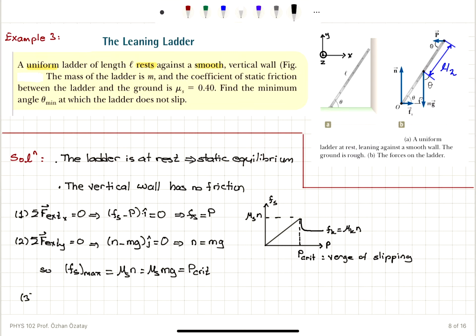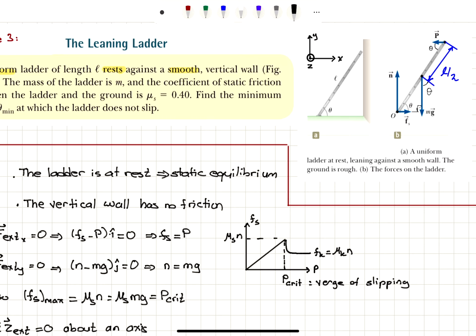And now let's write the rotational equilibrium requirement. The rotational equilibrium requirement is that the total external torque should be 0 about any choice of rotation axis, but I'm going to choose point O. Why?